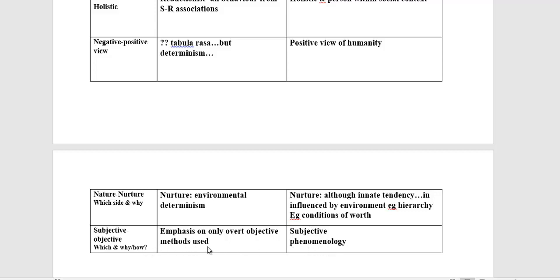Whereas behaviourists are very much focused on overt objective methods. Okay, they only want to look at what they can see and measure. They believe that's the only way to really study scientifically, objectively, and to gather their evidence scientifically. So they are very clearly objective.